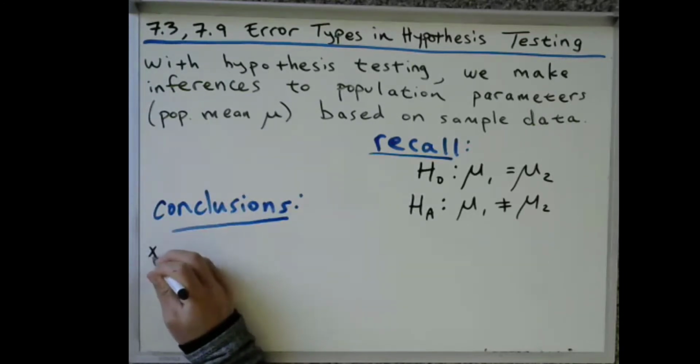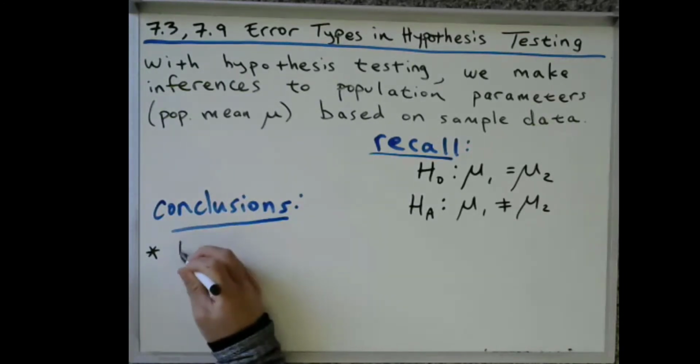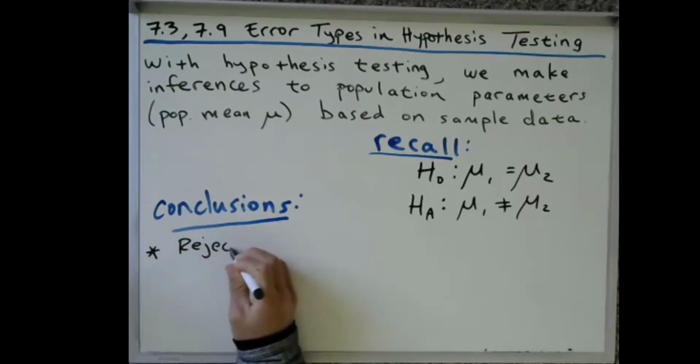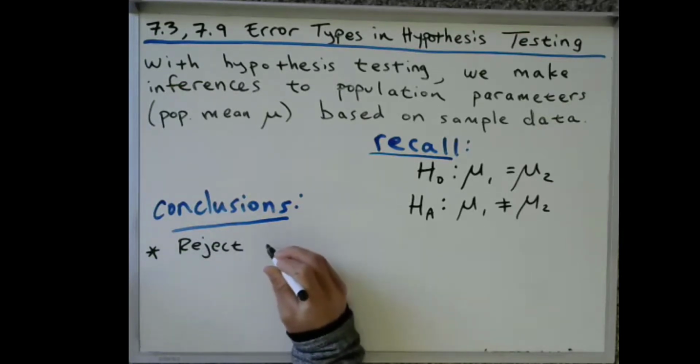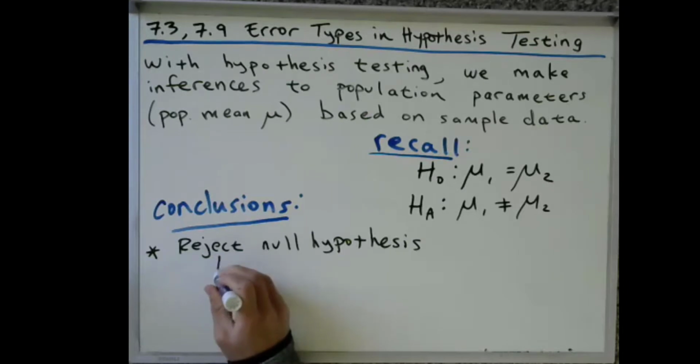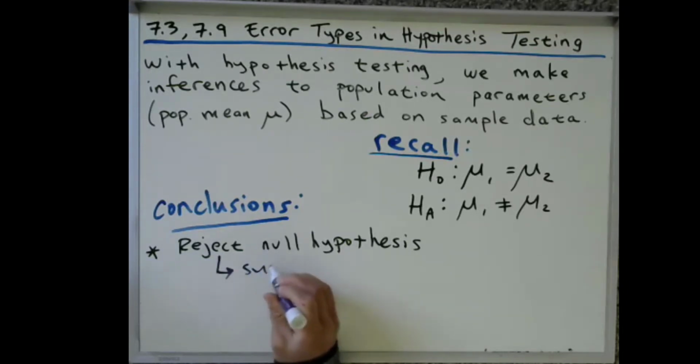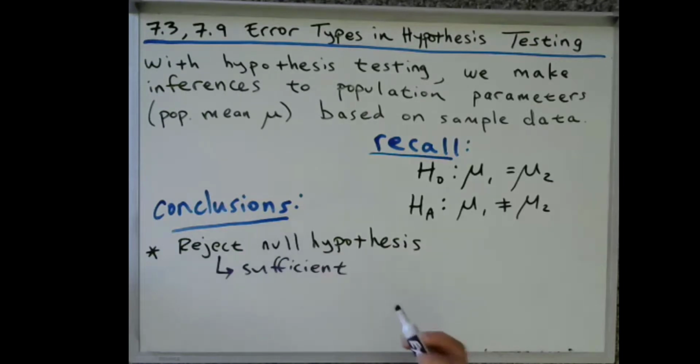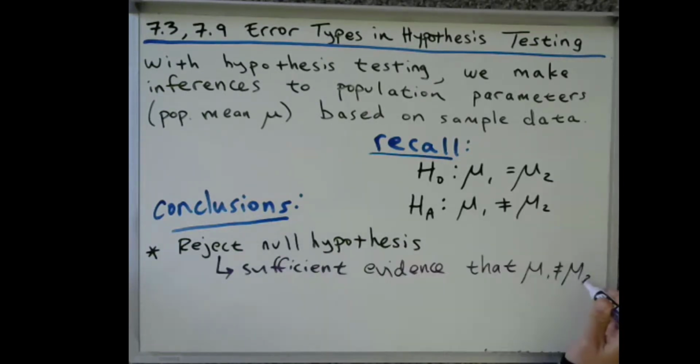One of the conclusions we potentially would make is that we reject the null hypothesis. We would claim in that instance that there is sufficient evidence for a difference in population means, and that's based on the sample data.